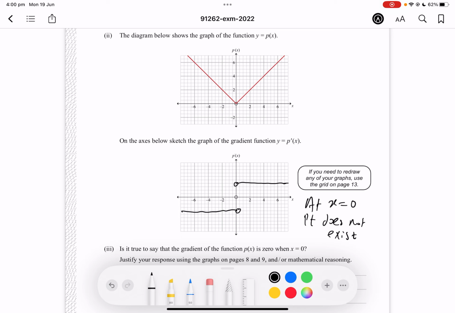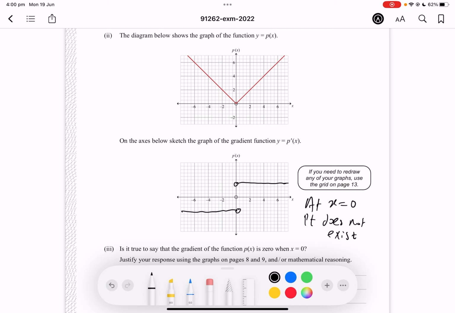So the derivative is not defined at that point, and that's because of the sharp point here, since the gradient function describes the instantaneous rate of change of the function. Sorry, how to explain this clearly? If we say the gradient is the rate of change at that instant, at a specific x point, the instantaneous rate of change.